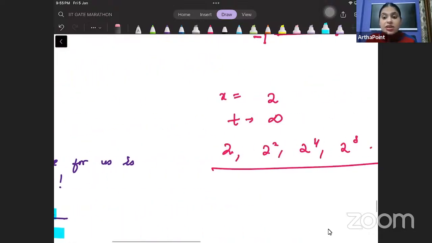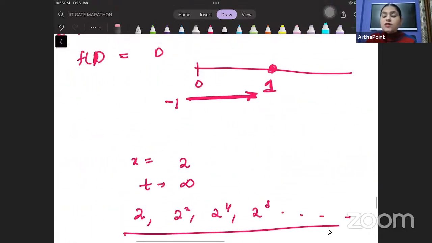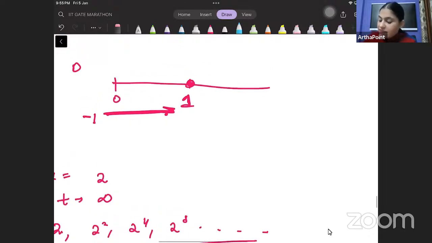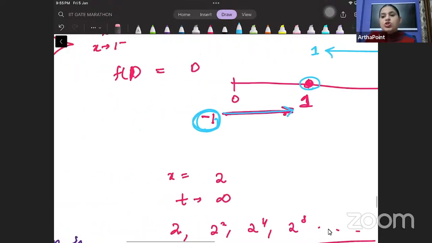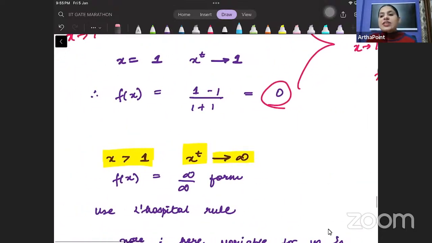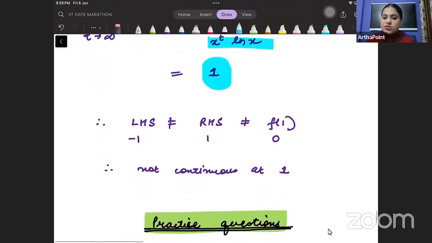So what does it mean? When I am approaching the function from any value greater than 1, it is going towards 1. When it is approached from the left, it is going towards minus 1, then the value is 0 at 1, and 1 from the right. So clearly the function is discontinuous. The function is not continuous. So the answer to this question is that the function is discontinuous.